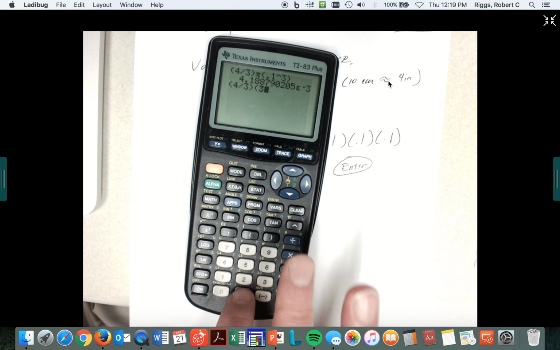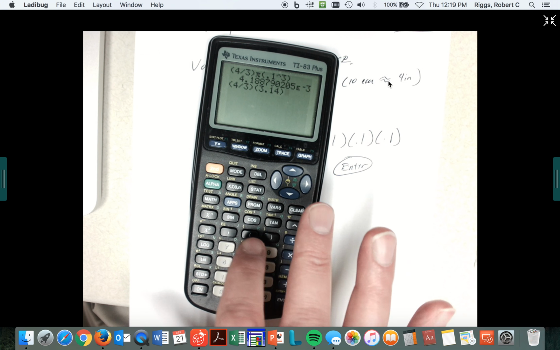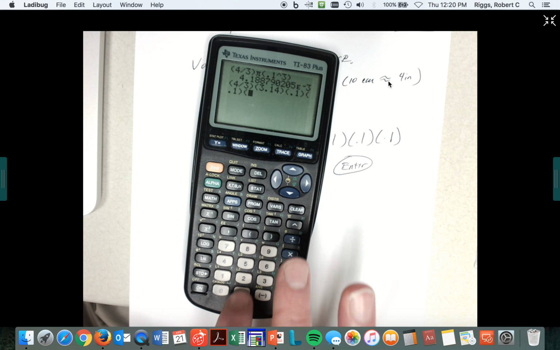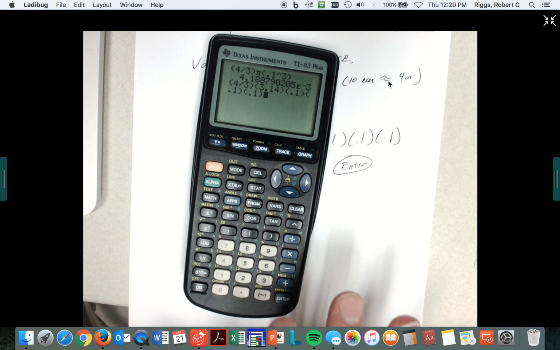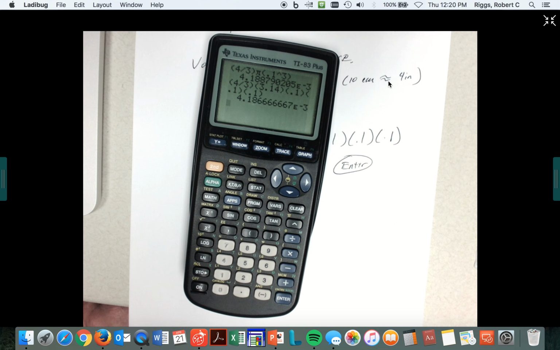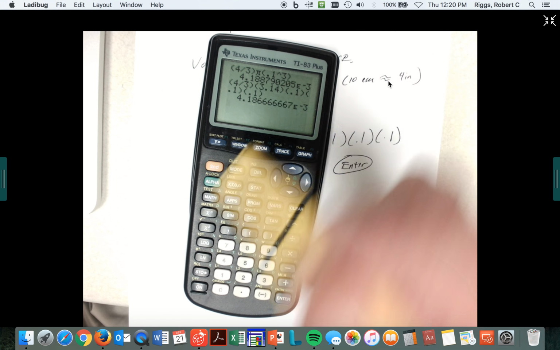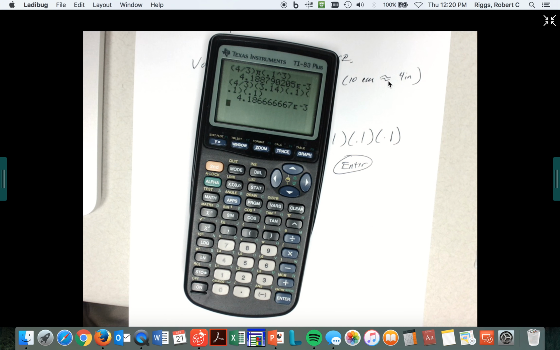Parentheses, 3.14, parentheses, 0.1, parentheses, 0.1, parentheses, 0.1. Yep. Pretty darn close. I rounded the pi up here, it is much bigger than the pi down below. Okay, so that's how you find the volume.